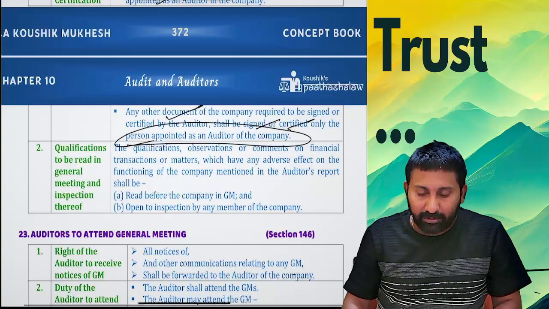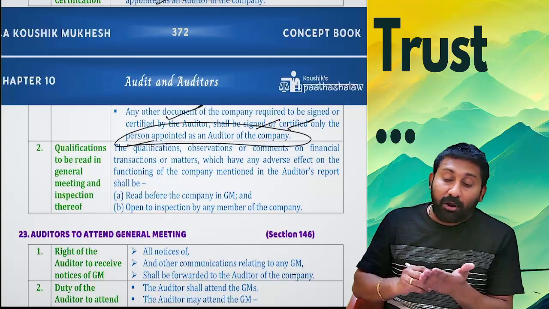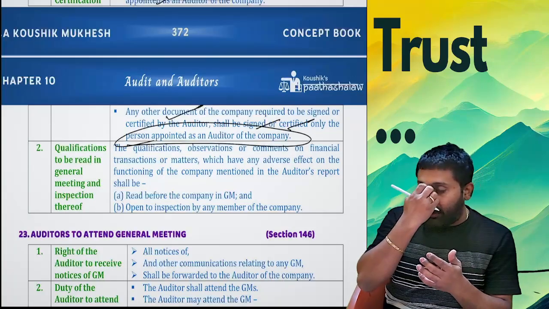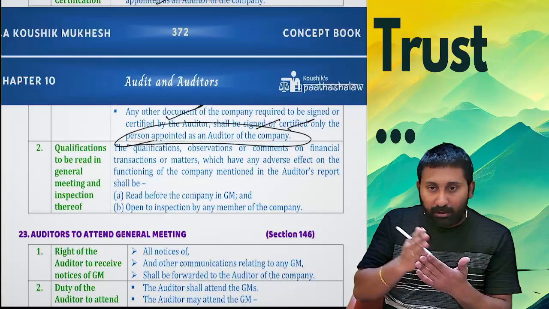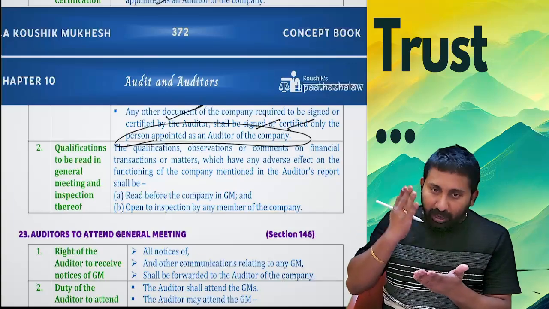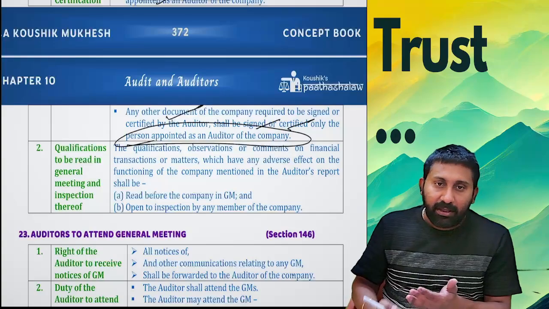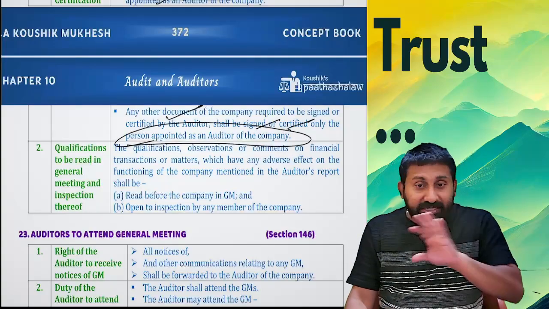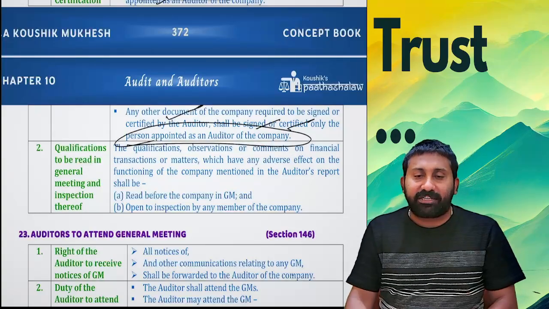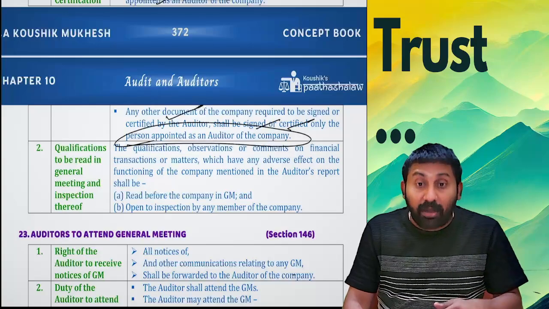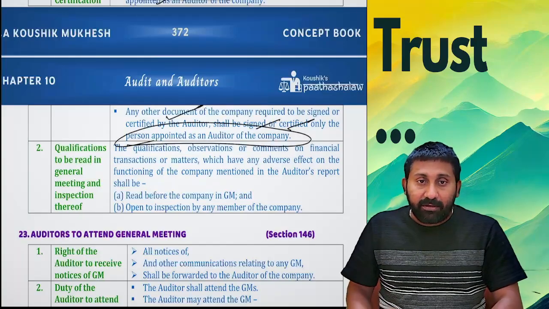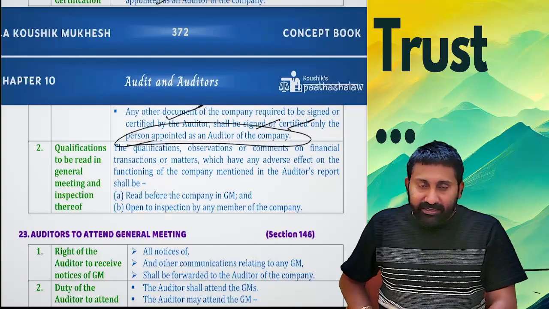Next. You know, in an audit report there are four kinds of report: clean report or unqualified opinion, qualified opinion, adverse opinion, and disclaimer. Unqualified opinion means clean, no reservations, no qualifications. Qualified opinion may be given, and it may be adverse or a disclaimer as well.